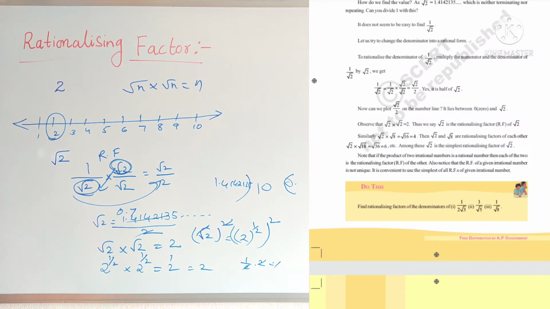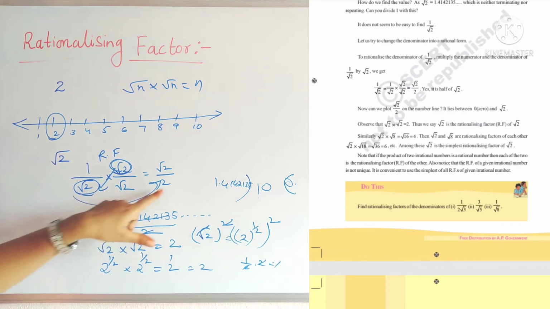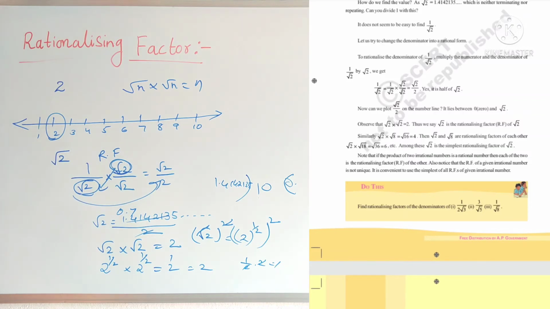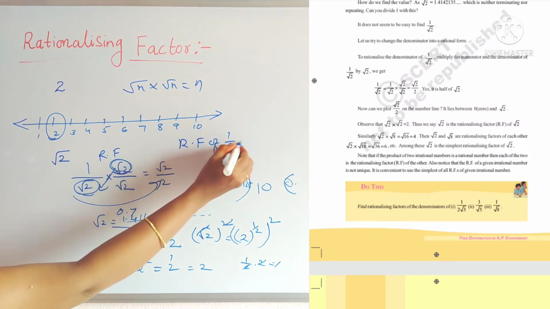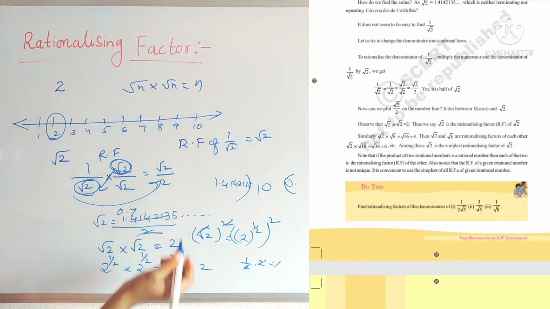What is a rationalizing factor? If the product of two irrational numbers is a rational number, then we can say each of them is a rationalizing factor of the other. So what is the rationalizing factor of 1 by root 2? Root 2.